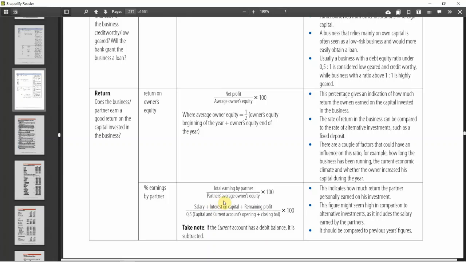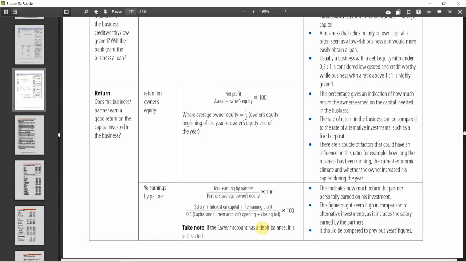And we already said we divide by the partner's own average owner's equity, and the partner's owner's equity consists of the balances of the capital and current accounts. Since we are dealing with the average concept, we will take the capital and current accounts at the beginning of the year, add it to the capital and current account balances at the end of the year, get the total, and take half of it, because we are dealing with an average.